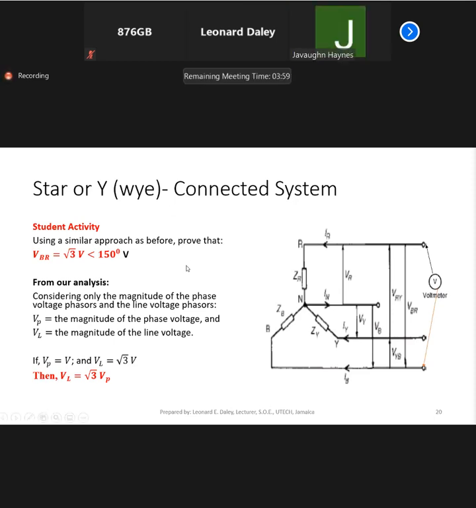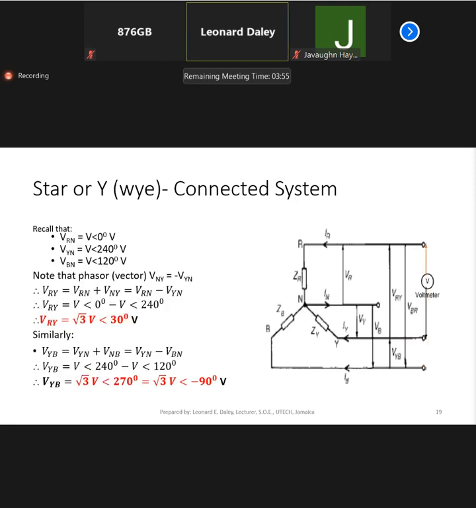Previous slide, please. All right, the previous slide. So you basically want to calculate VBR. You can use this information, and I'll give you about 10 minutes.